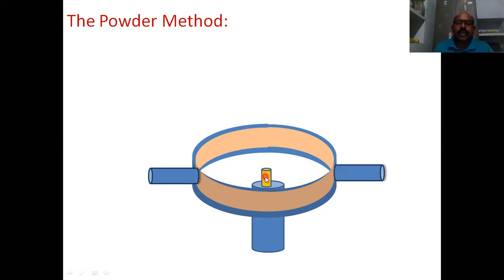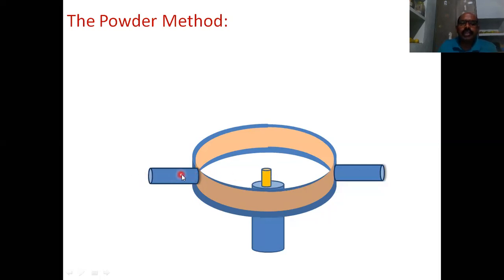The sample in the capillary tube is in powder form, so it consists of very small, tiny crystals. That means all those crystals are oriented in different directions.